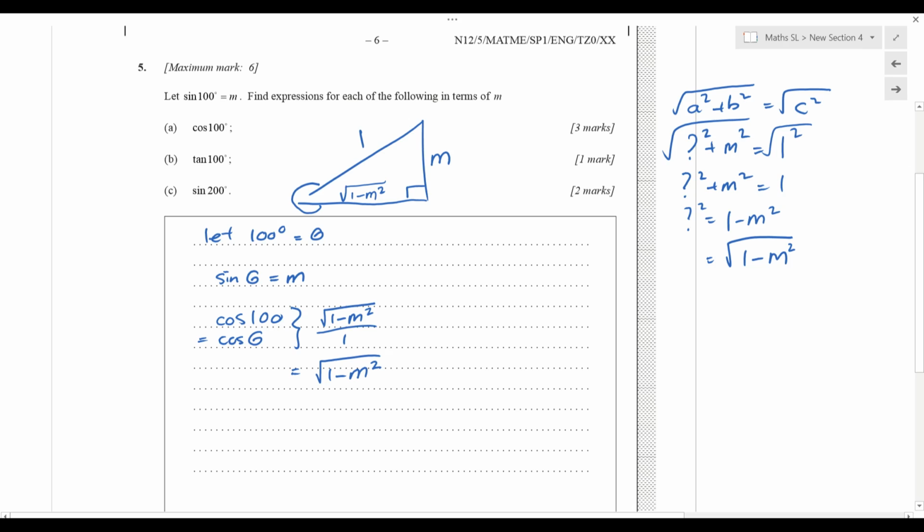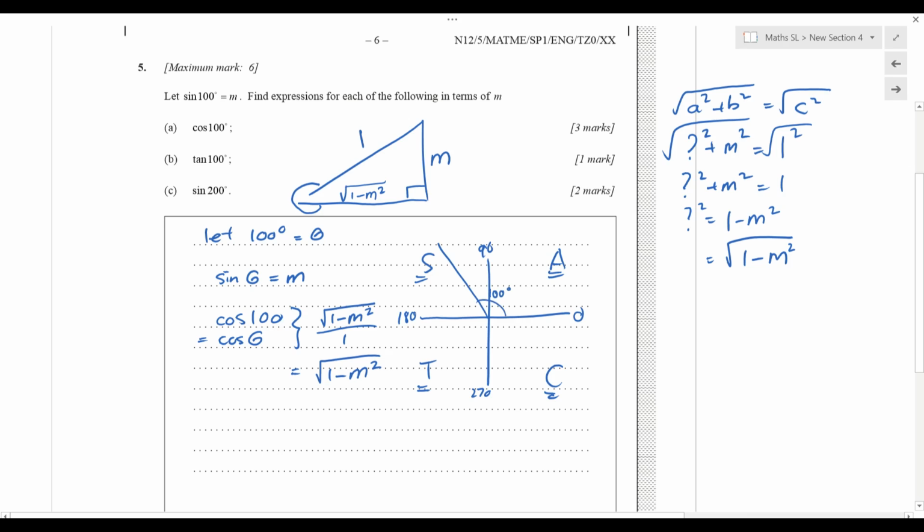We need to think of one thing. Remember this little CAST diagram? In here, cosine is positive. In here, all of them are positive. Here, sine is positive. Here, only tangent is positive. So we know sine 100. If this is 0, 90, 180, and 270, where would 100 lie? 100 would be somewhere around here.